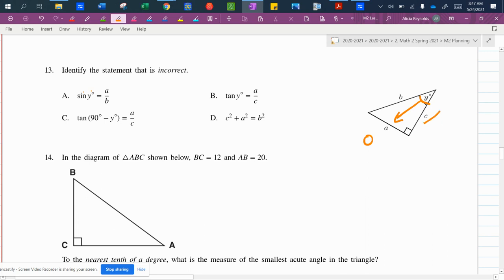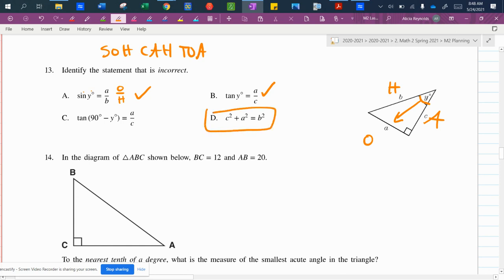That is correct. That is adjacent. But what is it asking us for? B is the hypotenuse, and sine is SOHCAHTOA. So this is opposite over hypotenuse. That's correct. Tangent of y, opposite over adjacent. Is that correct? Letter B, opposite over adjacent.